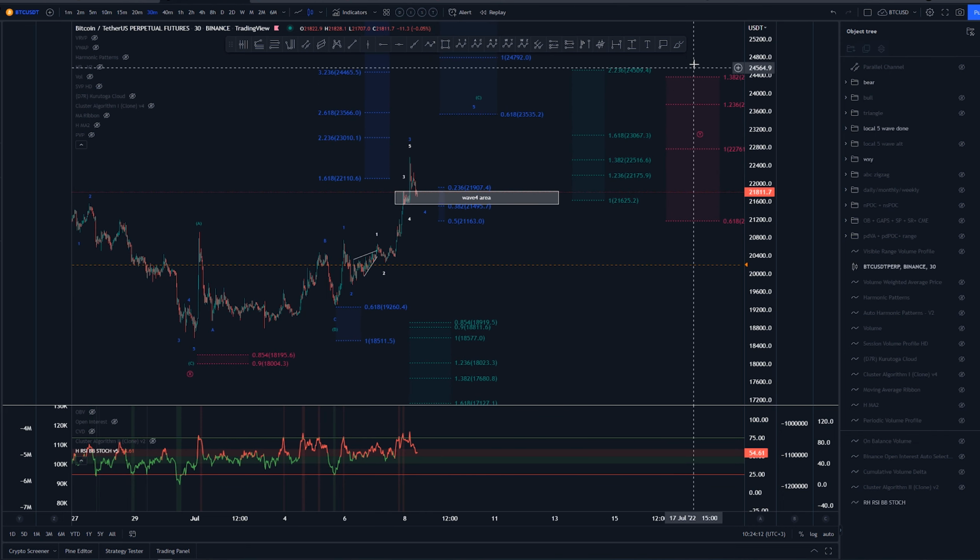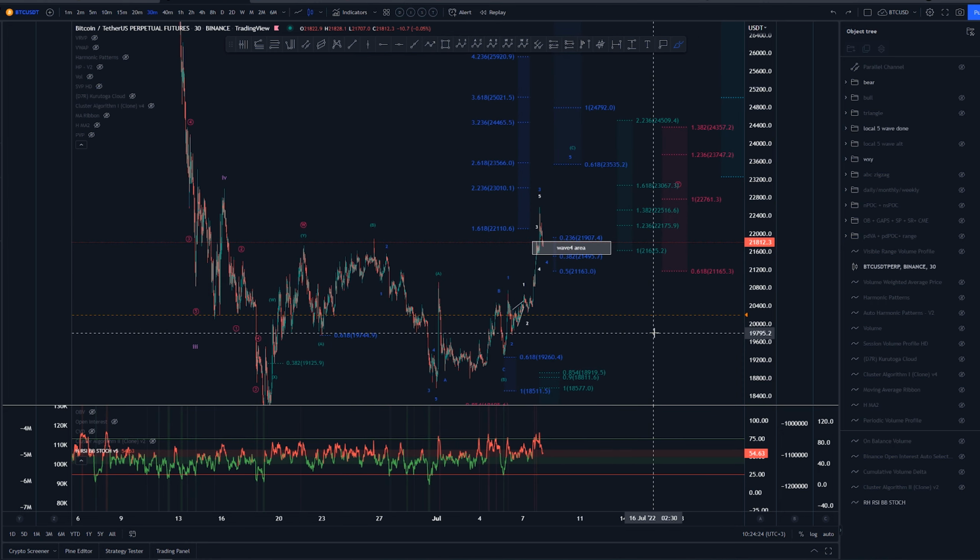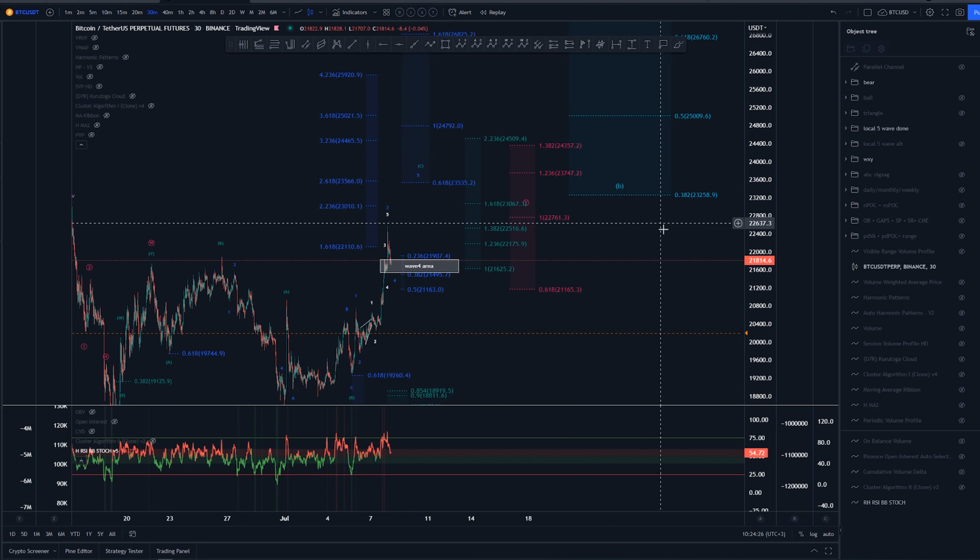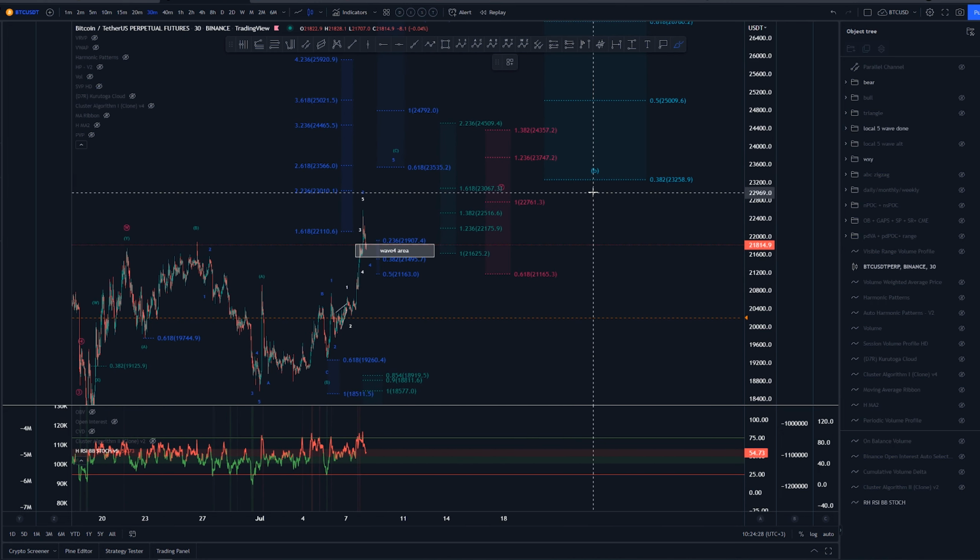Again, same idea that we had no extensions on wave 3, so we could be expecting some kind of extension on wave 5. The 0.618 and 1-to-1 are the targets. Both are lining up well with the higher time frame targets that we have.